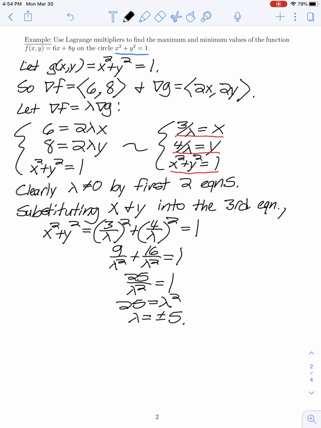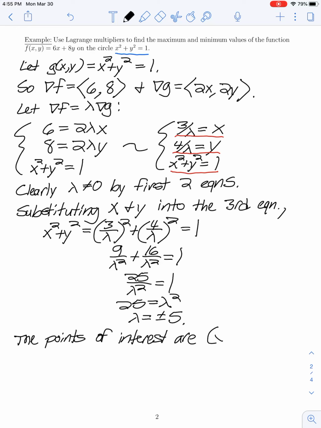Now, once we have the values of lambda, we know that x and y are defined in terms of lambda. So we can substitute these values back into our earlier equations to determine the points of interest.